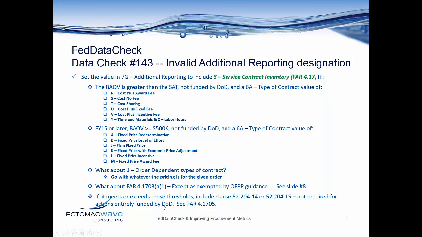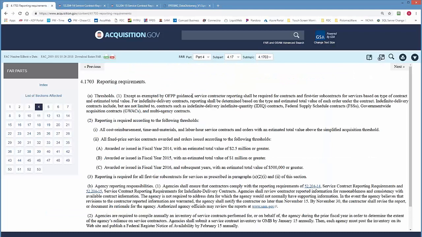One of the things said in FAR 4.1703 was except as exempted by OFPP guidance. So are there awards like utilities? Do we really have to do service contract inventory reporting on utilities? We have to analyze utilities as to whether we're over-reliant on them in terms of critical functions, or whether there's some utility contractor doing work that only the federal government should do.